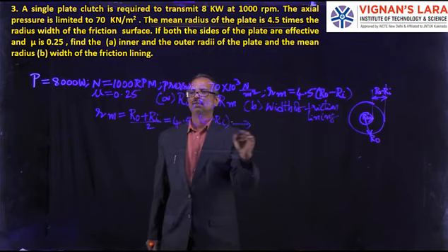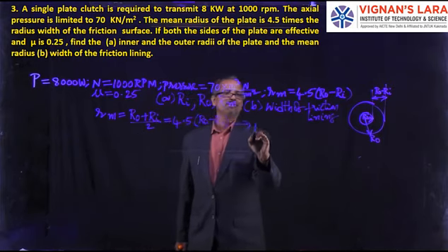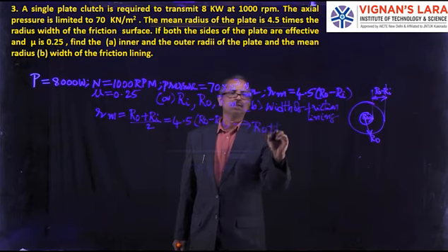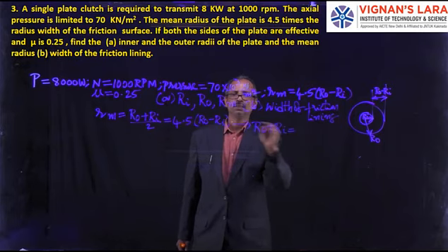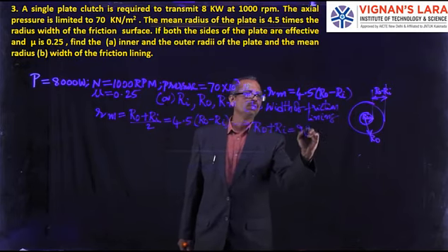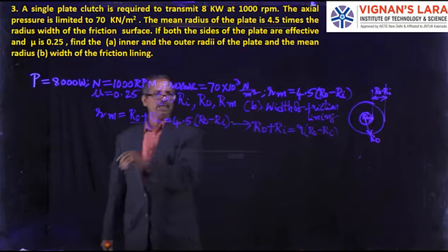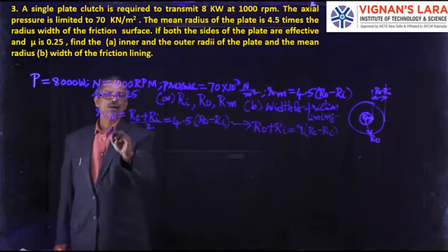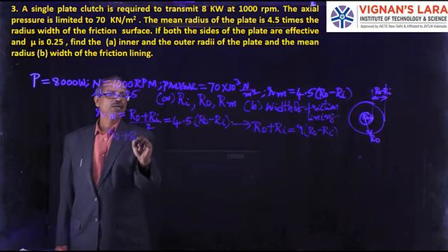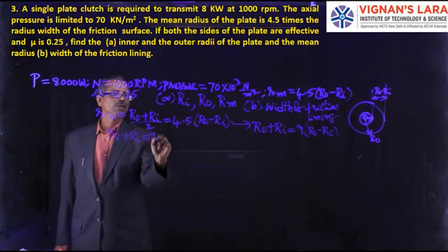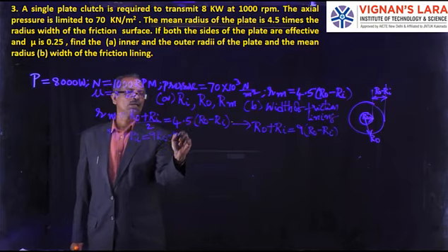Then cross multiplying, R0 plus Ri is 9 into R0 minus Ri. Rearranging, R0 plus Ri is equal to 9 R0 minus 9 Ri.